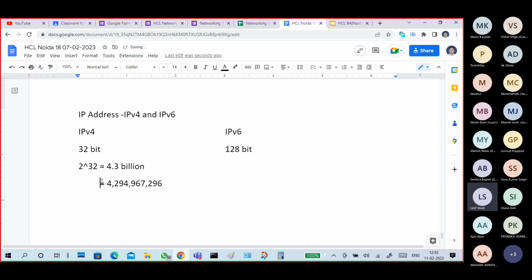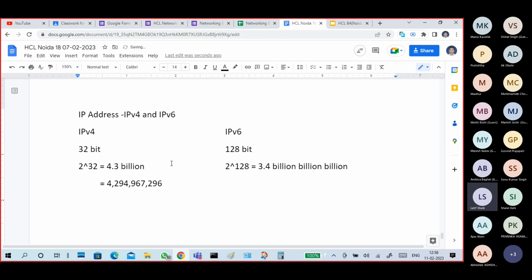So this is the total number of IPv4 addresses, approximately 4.3 billion IP addresses. Whereas IPv6 is 2 to the power of 128.